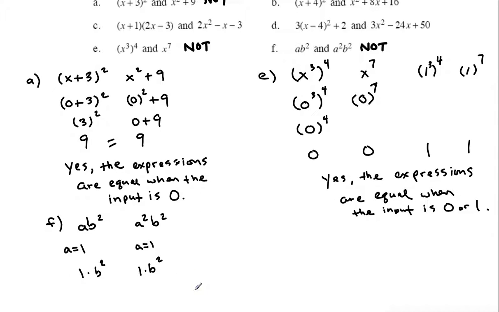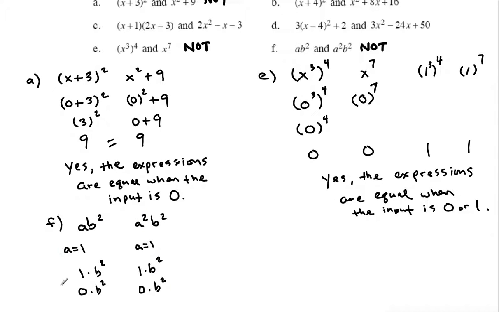And if we went ahead and put in something like 0 for a, wouldn't that also work? Because if we had 0 times b squared, whatever it was here, because 0 squared would be 0, and times b squared would still leave us with 0 no matter what. So it doesn't really matter what b is. They'd be different if a was not 0 or 1.